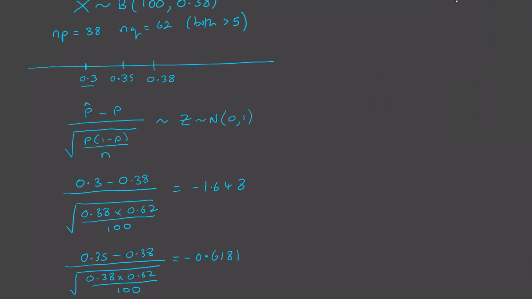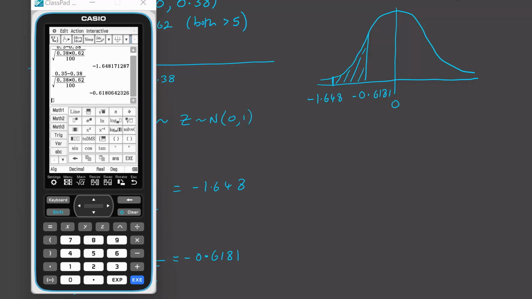Now those are both values of the standard normal. So if we think about the standard normal, which of course has a mean of 0, what we're looking at is negative 1.648 here and negative 0.6181 here, and we're after this area.